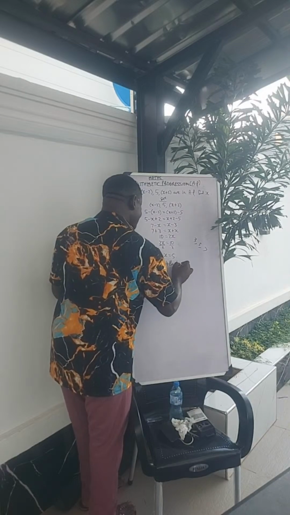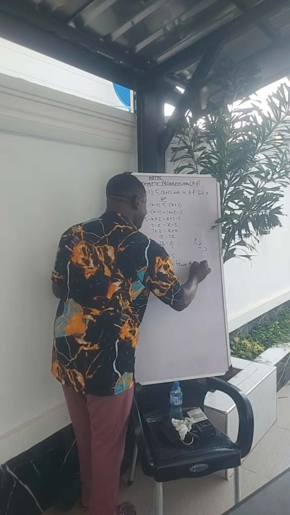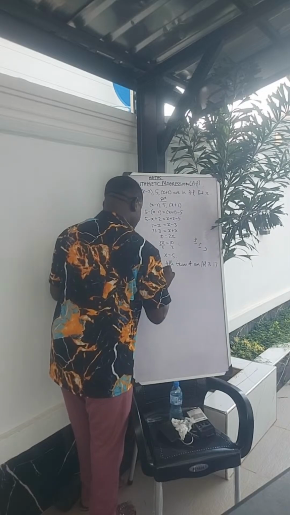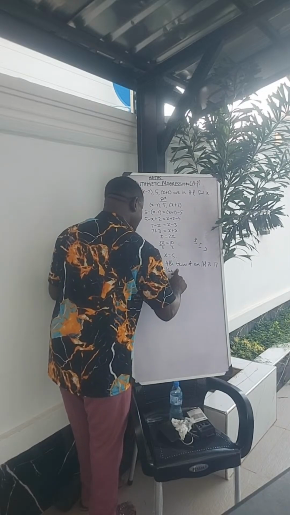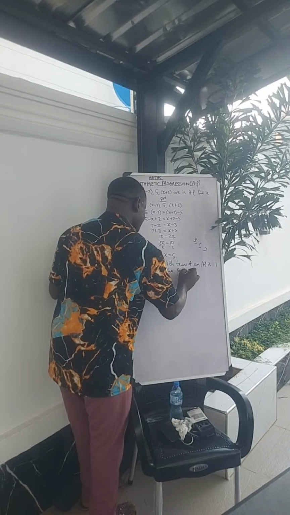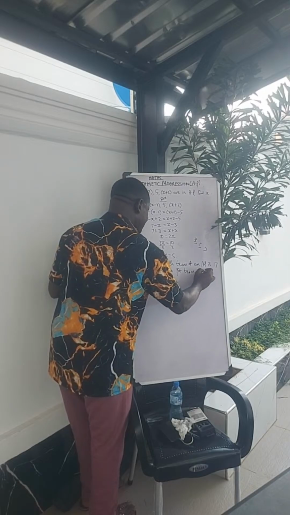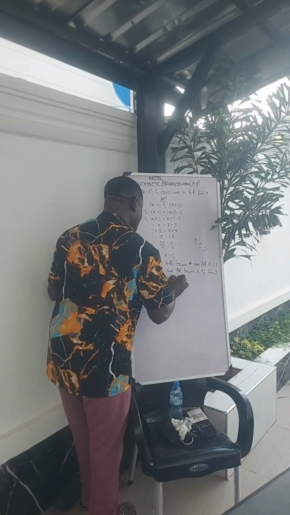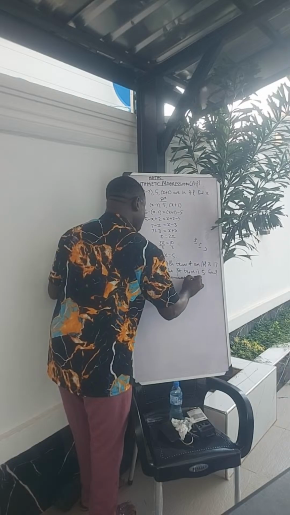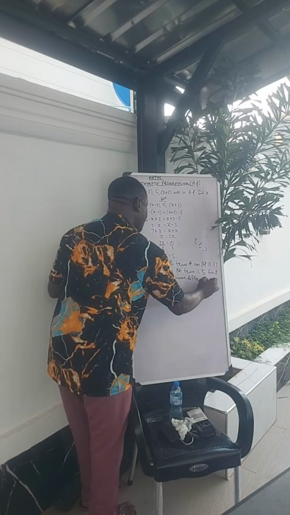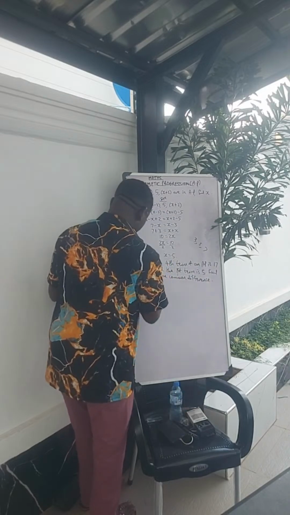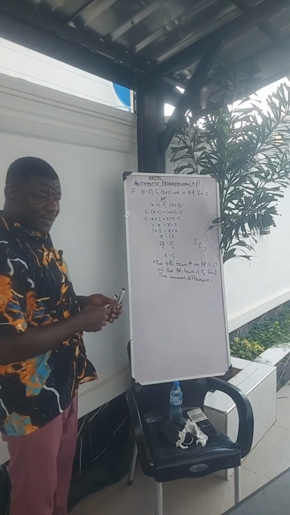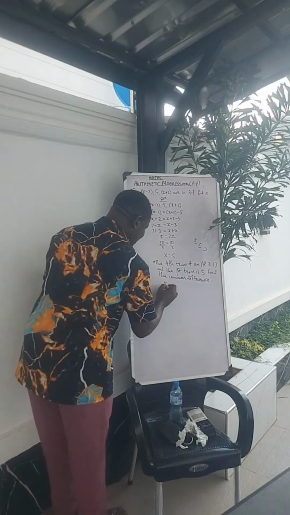The fourth term of an AP is 17, and the first term is 5. Find the common difference. We have a question like this. The fourth term of an AP is 17, and the first term is 5. Find the common difference.